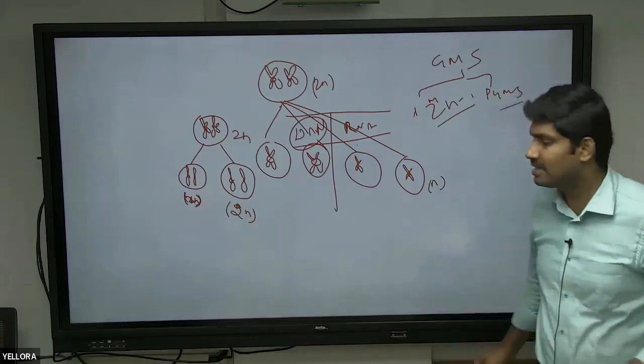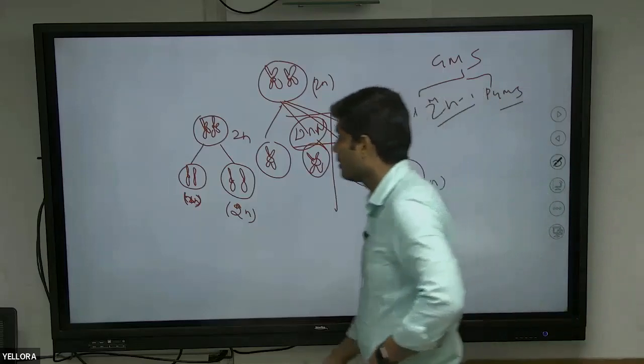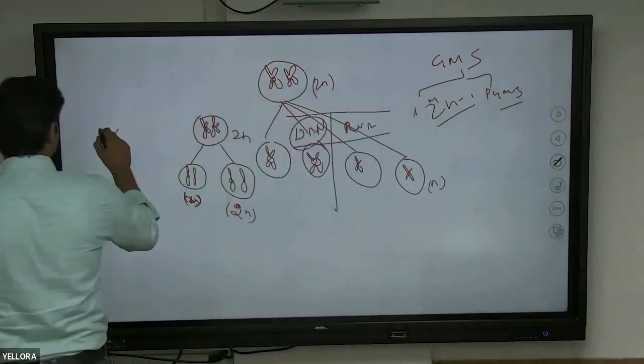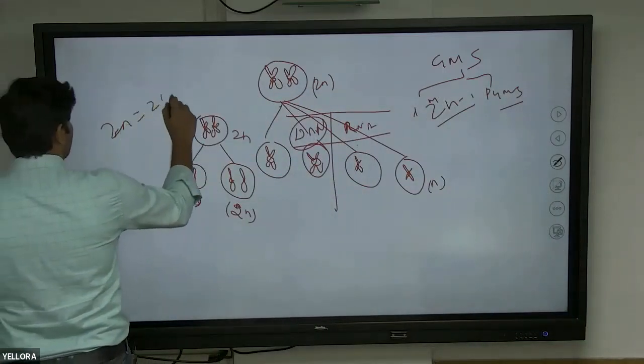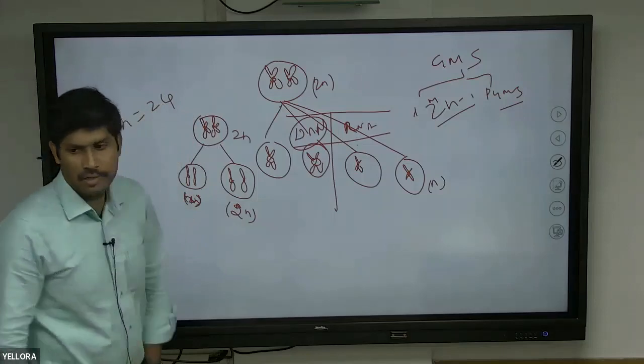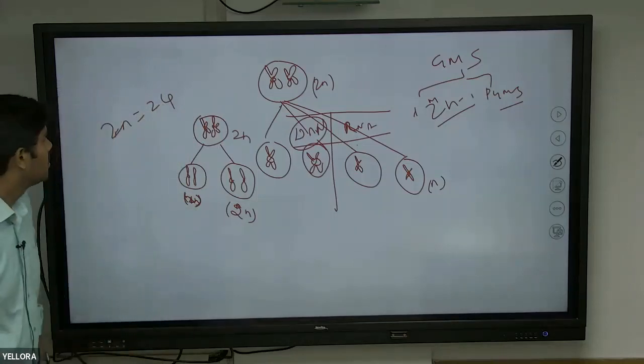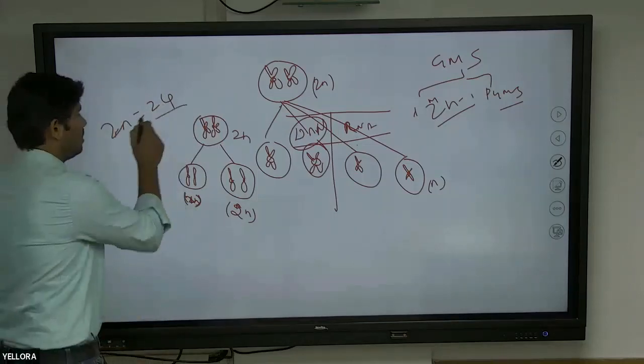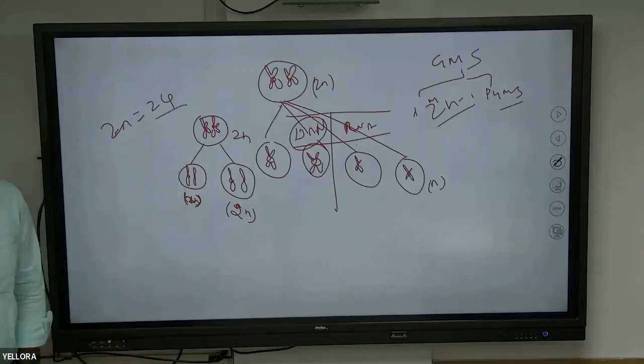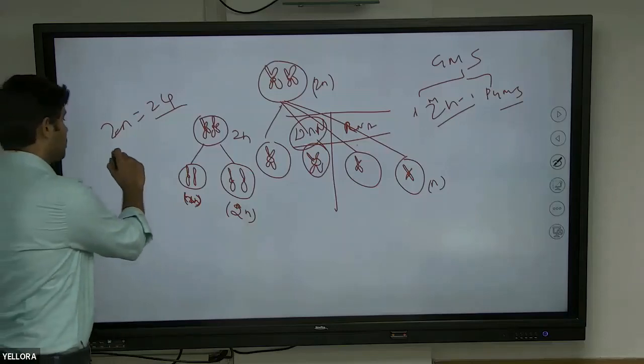For example, rice is a true diploid species. 2n equal to 24. So this is the diploid number. And what is the basic chromosome number for rice? Basic chromosome number, rice, 12. So the basic chromosome number is 12.